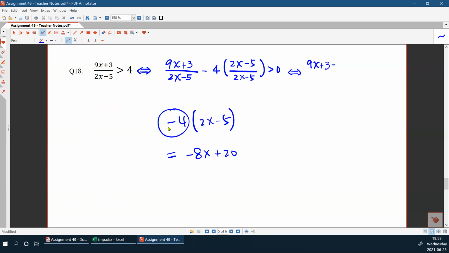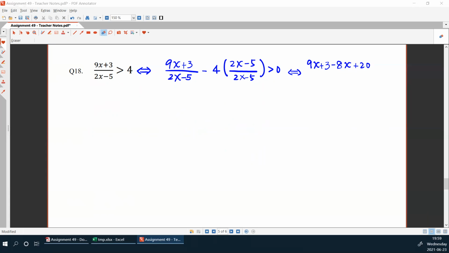Because when you distribute -4 inside the brackets, -4 times -5 gives you plus 20, not negative 20, okay? Pay attention here, -8x plus 20. Thank you very much. Next time, please do this slowly, okay?